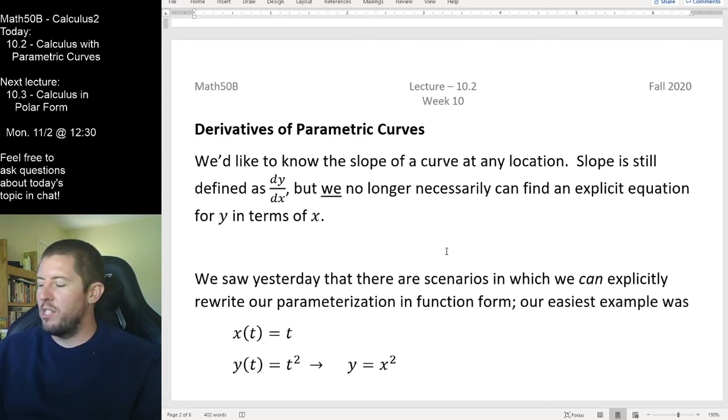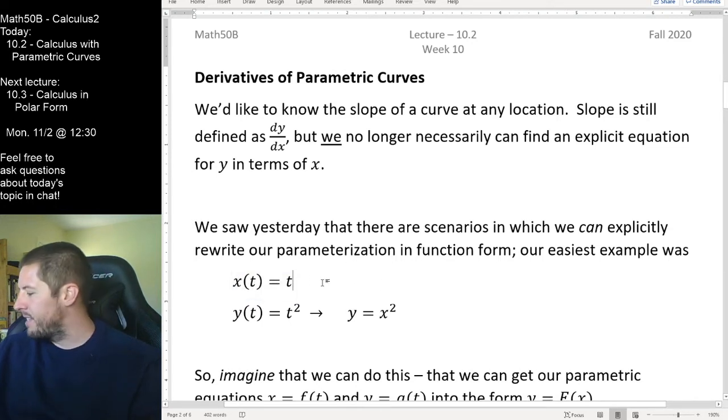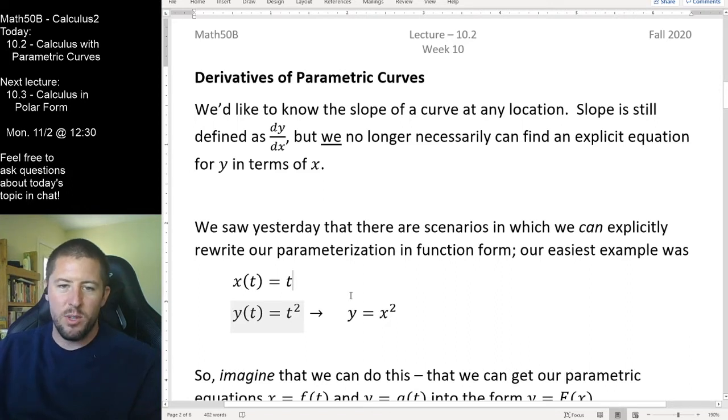In general, this is always super easy whenever this is your first parameterization. This is almost like a false parameterization because it literally just said rewrite x as t and nothing else changed. And so this is really just y equals x squared. This is about the lamest parameterization in all of history, but it's just showing the example.